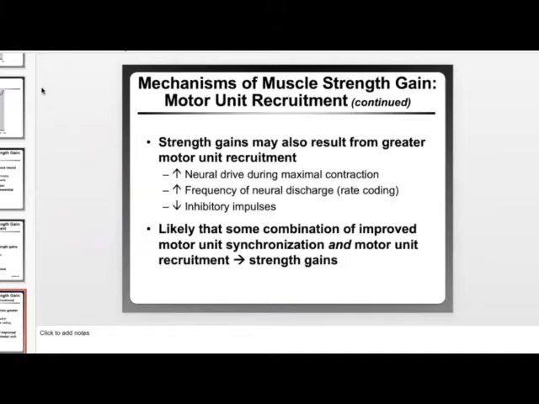All right. So again, this next one here is showing that strength gains are not only going to be improved through appropriate muscle timing or synchronizing motor units and the neurological system, but there's also going to be potential increases in neural drive. So those action potentials are sent with a greater intensity or speed, or the frequency of the action potentials, the rate coding, happens faster and therefore allows for a greater tetanus and tightness of the muscle.